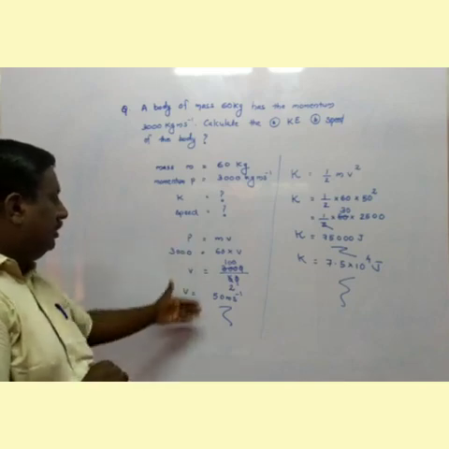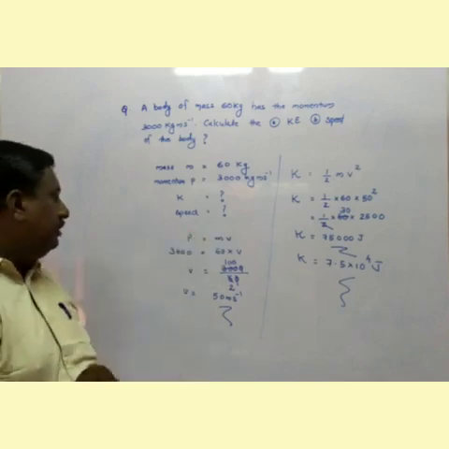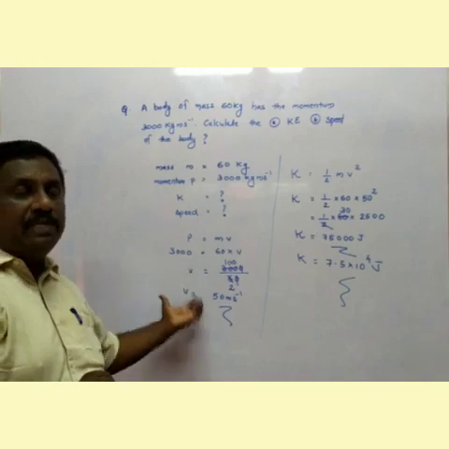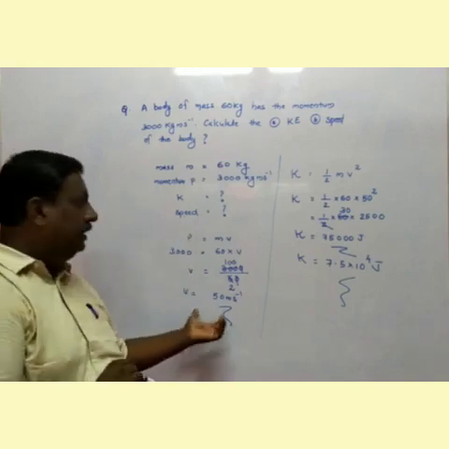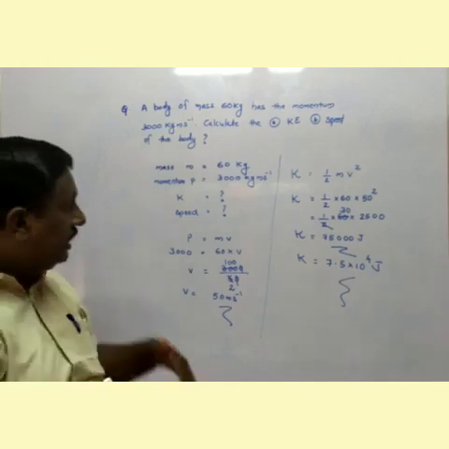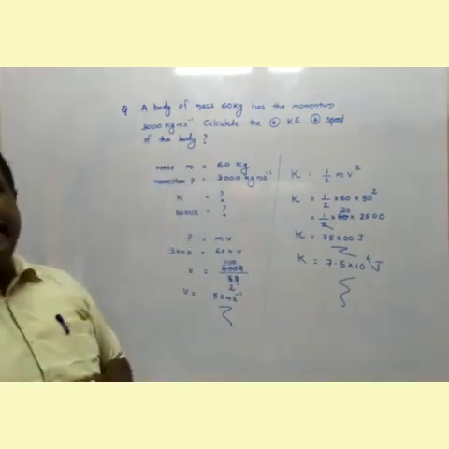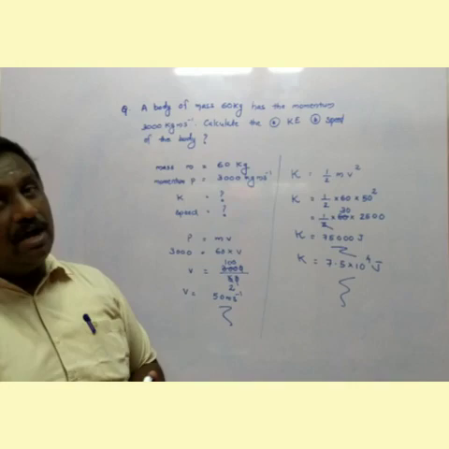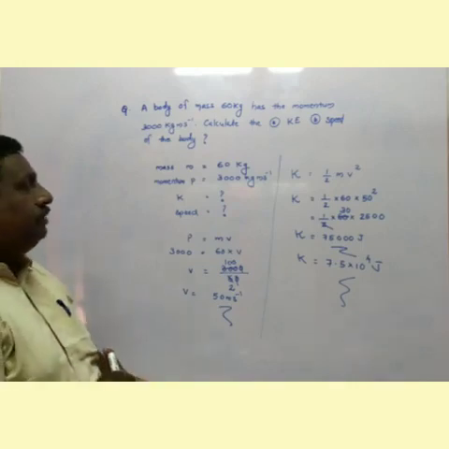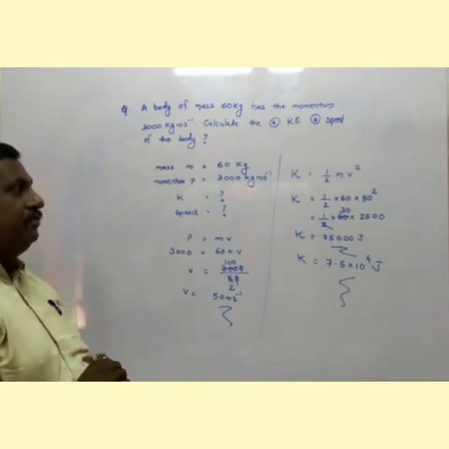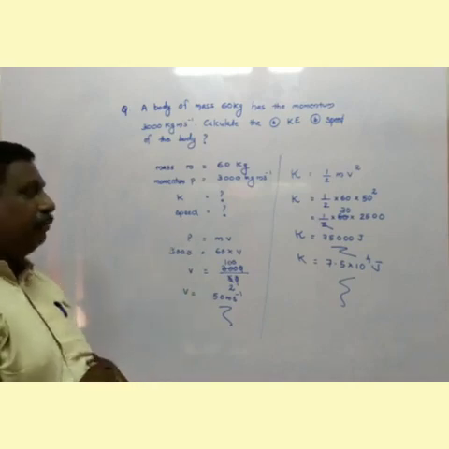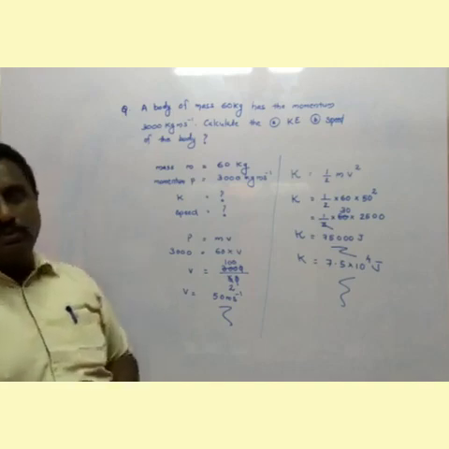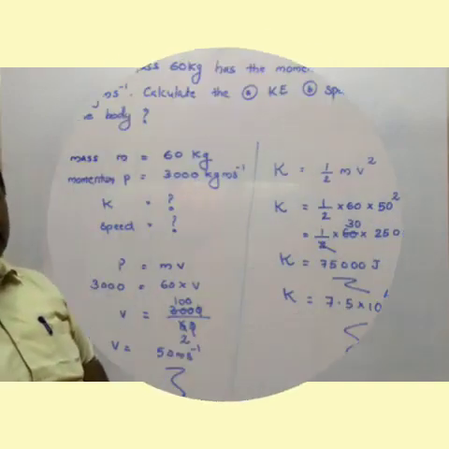Substituting the value of momentum and the mass, we will get the velocity or the speed, that is 50 meter per second. Then I solved for the kinetic energy. Kinetic energy is equal to half mv square. Substituting the value of m and v and solving, I will get kinetic energy is equal to 7.5 into 10 raised to 4 joule. Okay, is it clear?